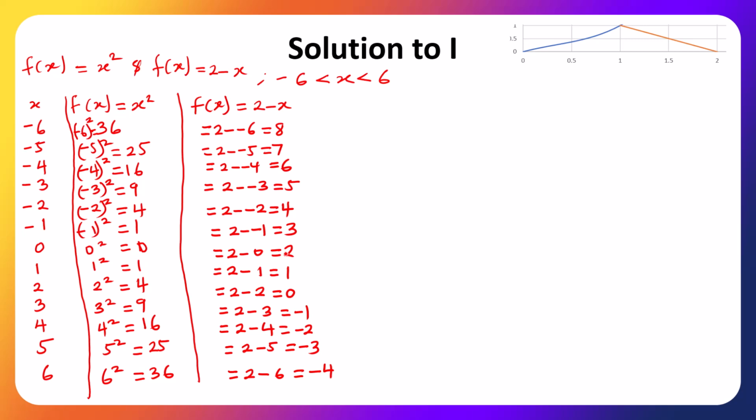So if we combine the two functions, we have a range of interval of 0 less than x less than 2, since f of x equals x squared is in the interval of 0 less than x less than 1, and f of x equals 2 minus x is in the interval of 1 less than x less than 2.